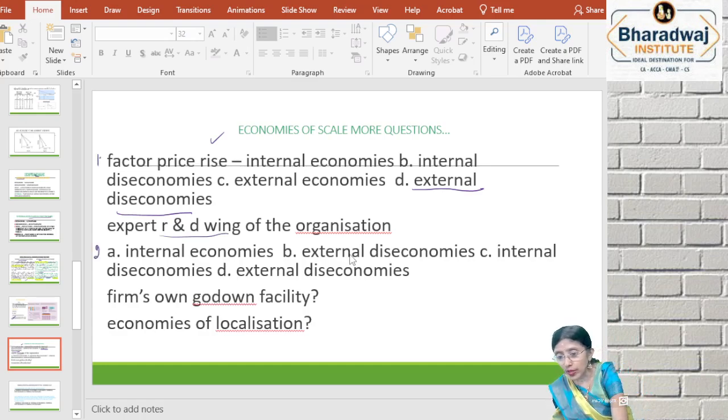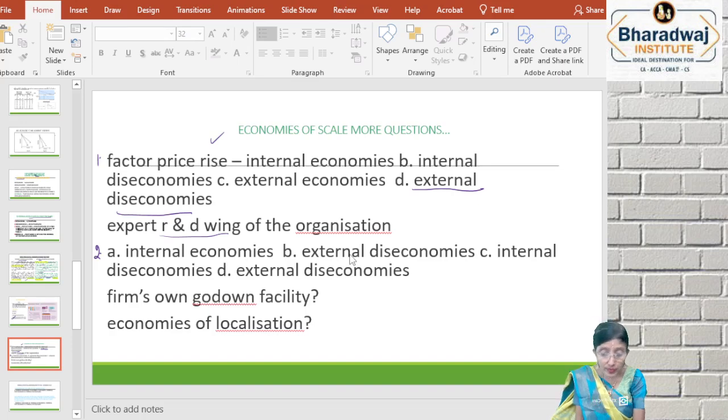Okay. Now, example 2. Expert R&D wing of the organization. See, options will always be internal economies, internal diseconomies, external economies, external diseconomies. Four options are there. Sometimes they may give you none of the given, and that's all they can give you here.